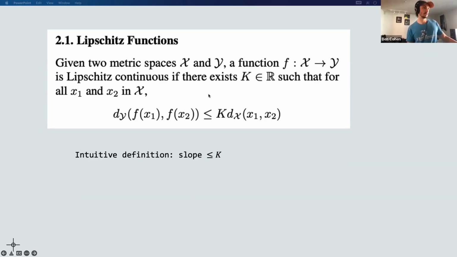A function is Lipschitz continuous if there's some constant k, so that over the whole domain x, the distance between f of x1 and f of x2 is always bounded by k times the difference in these inputs. Mentally, you start shuffling symbols around: I've got dy over dx on the left-hand side if I divide both sides by this. So the intuitive way to grasp this for me is just that the slope is less than or equal to this constant at all times.